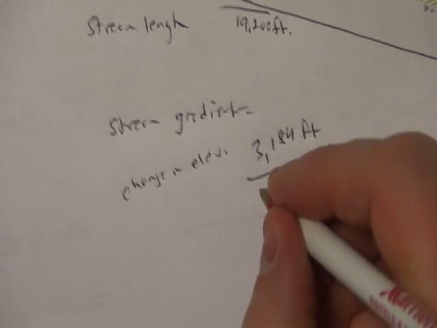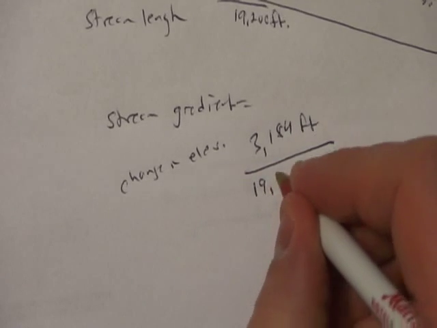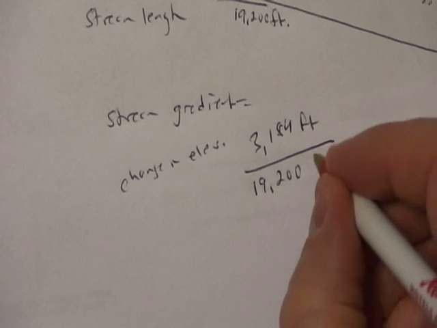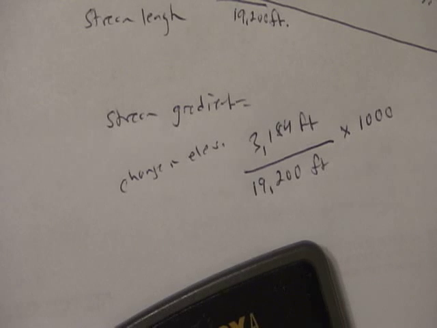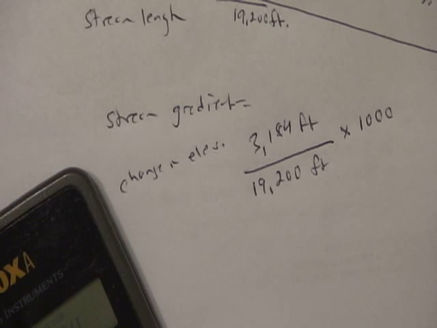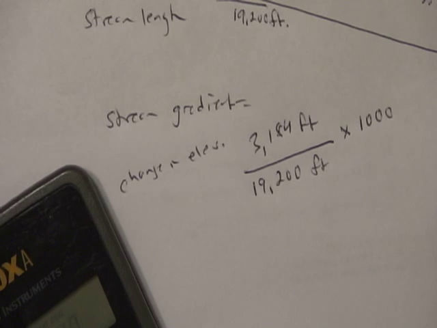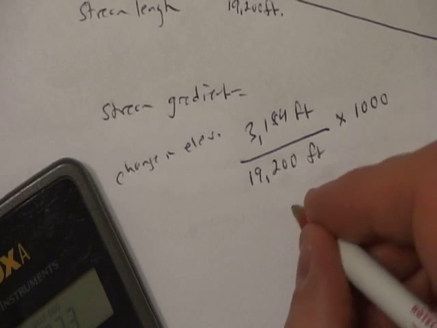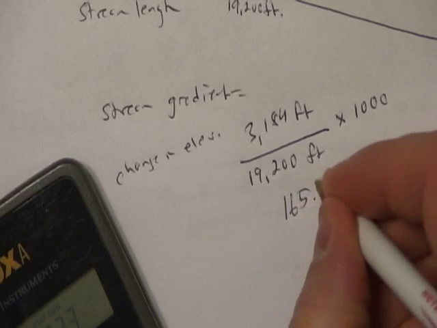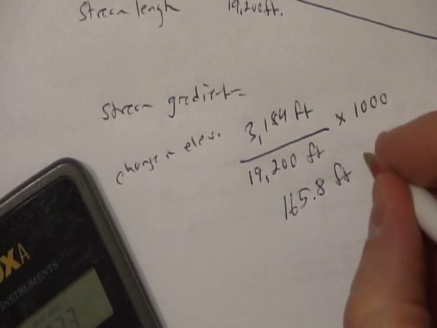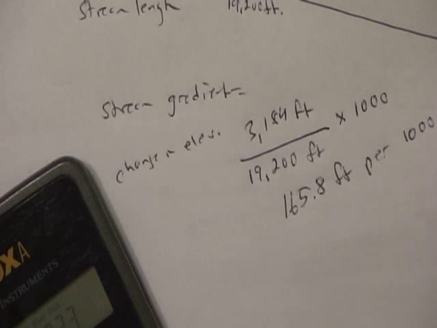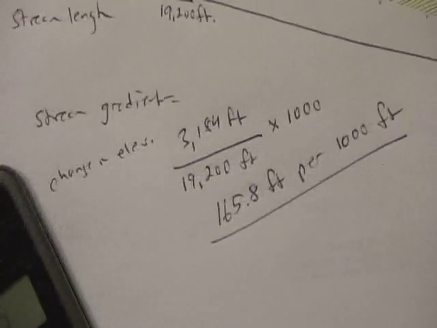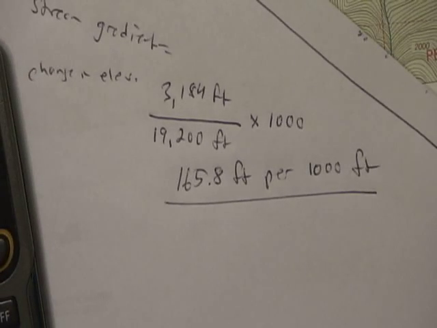We divide that by the stream length, 19,200 feet, and we multiply that by 1,000. Times 1,000, and we get 165.8 feet per 1,000 feet. And that is our answer for stream gradient.